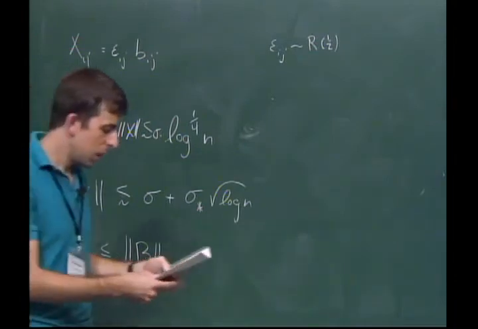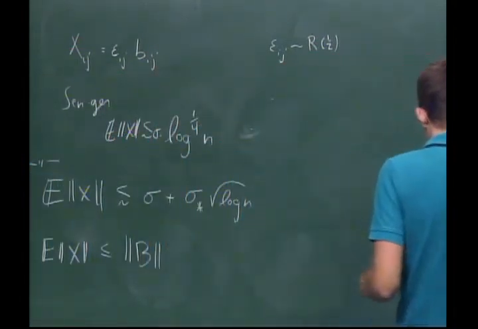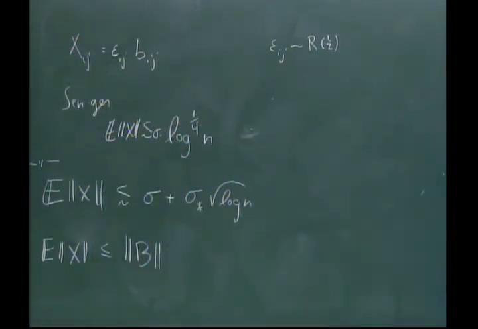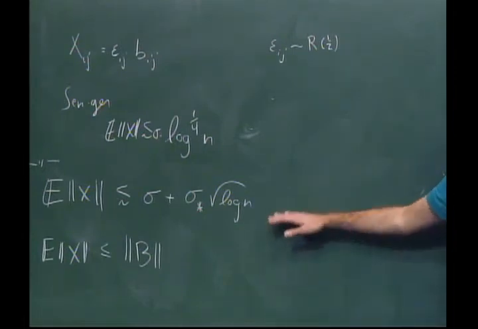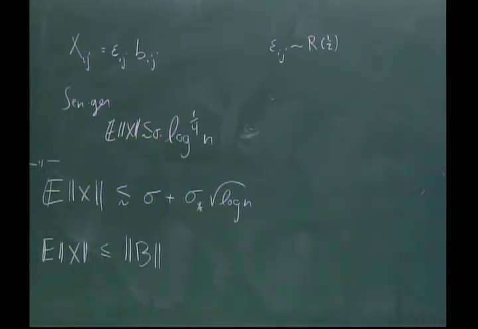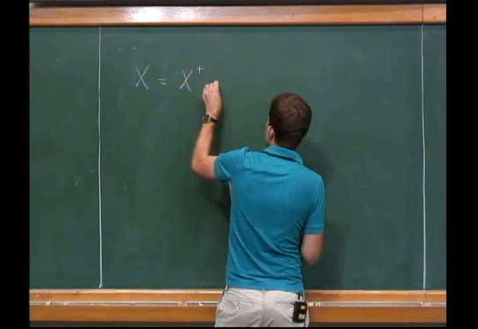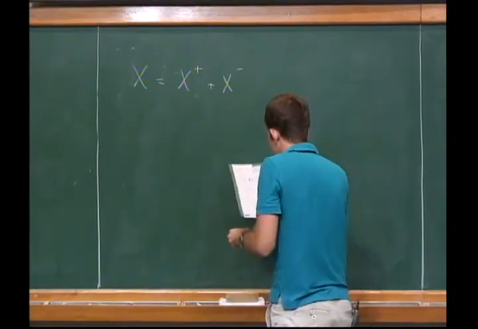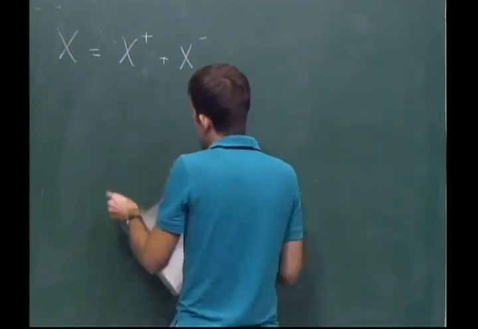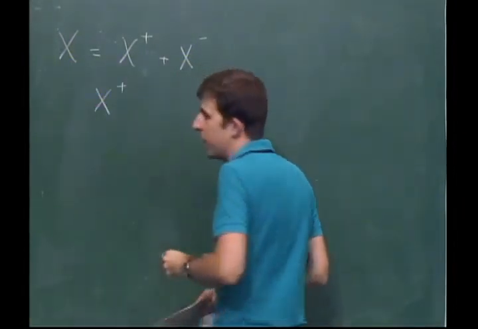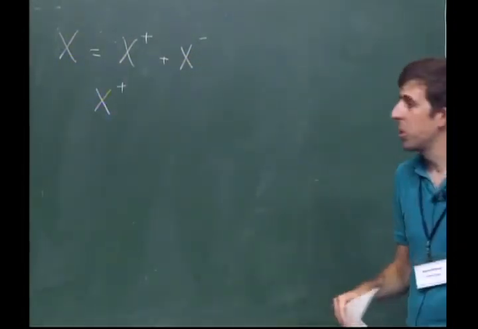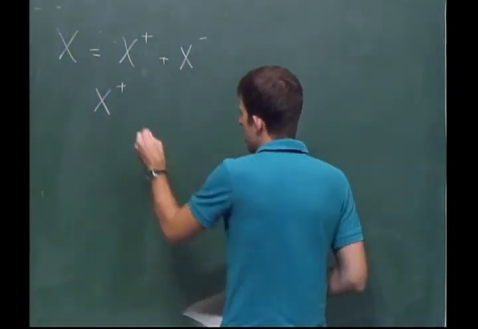Okay, so now we just do the following construction. We're going to interpolate between these two bounds, and we're going to recover this one. So we split X into X plus and X minus. X plus are going to be the largest entries, the entries for which b is bigger than u.